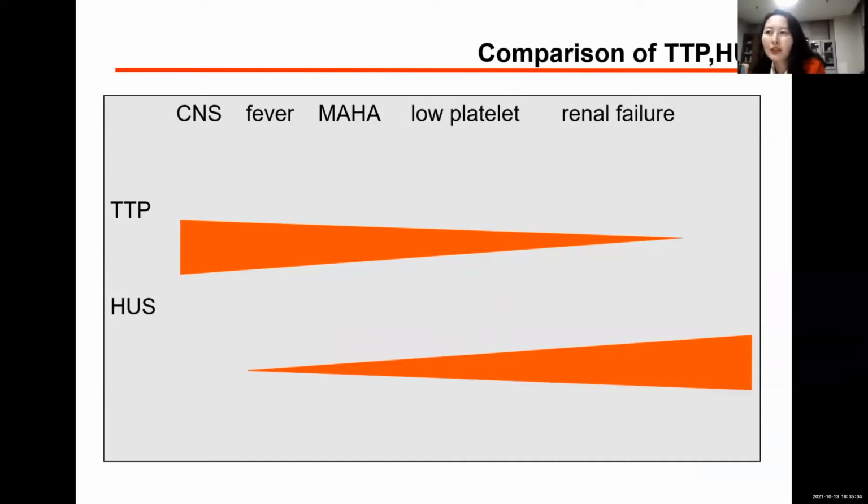HUS occurs most often in children after diarrheal illness, often with the hemorrhagic strain of E. coli O157. Treatment of HUS is supportive, and plasma exchange for HUS has not been shown to be useful.